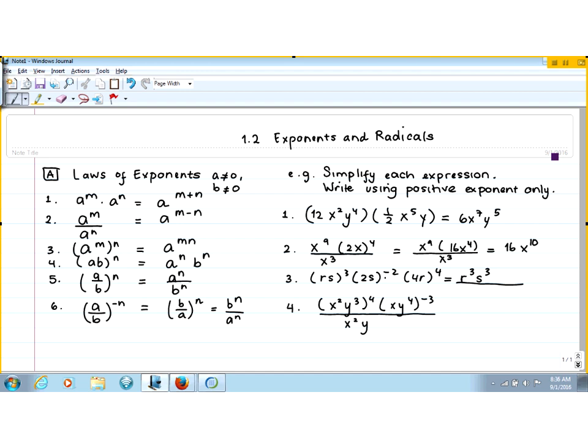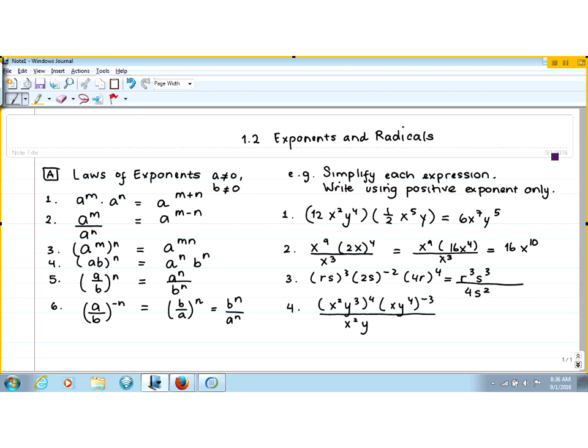Alright, good. Now you said that we have to bring the 2s down. Why do we bring the 2s down? Okay, so what do I have on the bottom? 4s squared. Why is it 4? Why isn't it 2? Okay, because we square the 2 and we square the s.